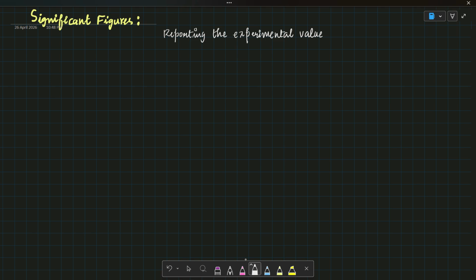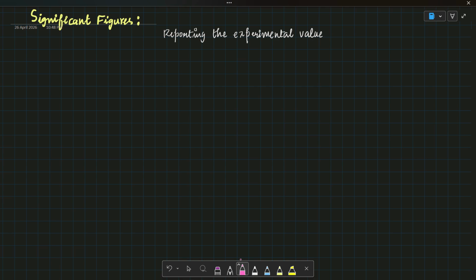Whenever we are reporting the experimental value, it should always be reported according to the precision of the instrument.